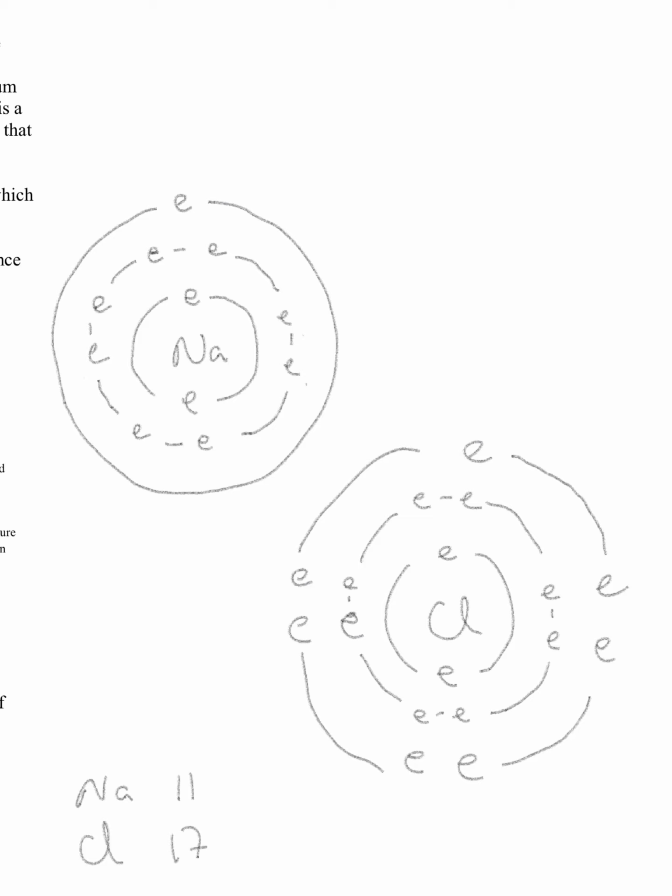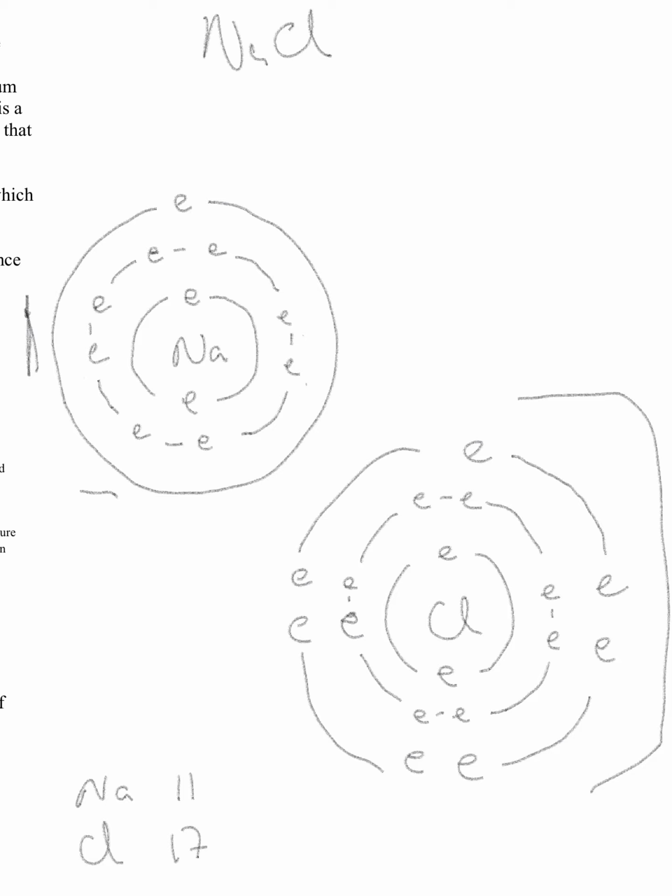Okay, let's look at an example of ionic bonding to produce sodium chloride, NaCl. So I have a sodium atom here. All right, so that's this right here. And I have a chlorine atom here.